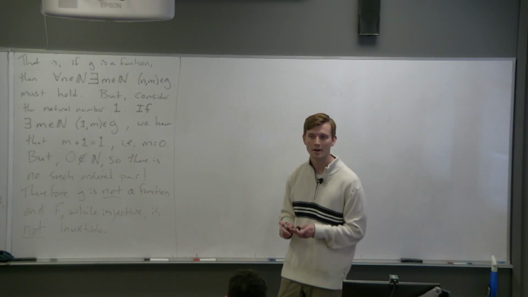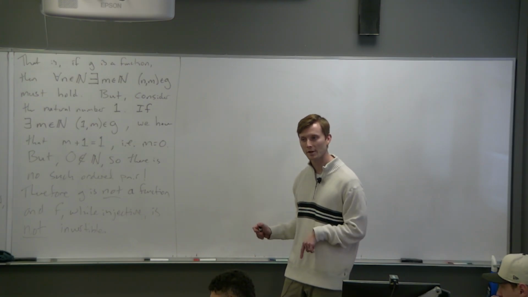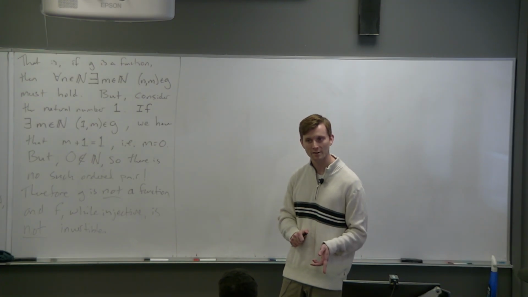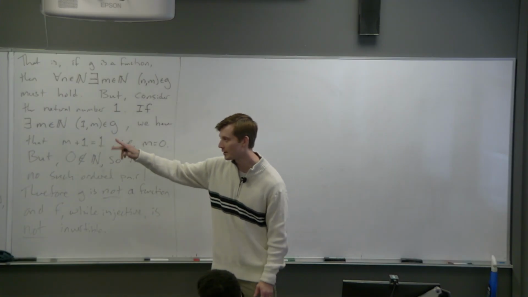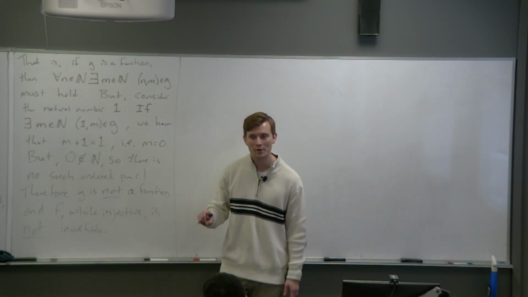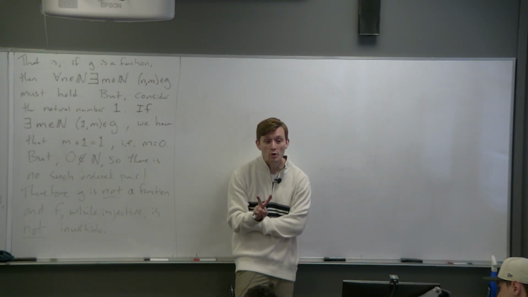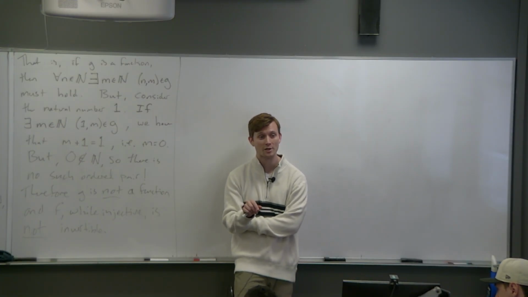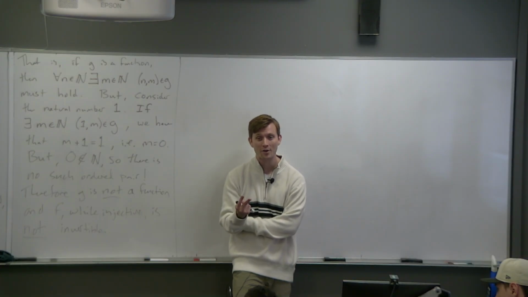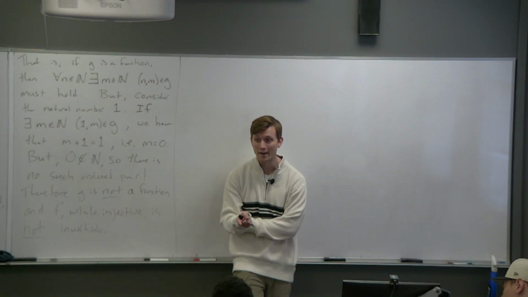So notice, invertibility requires injectivity via that first condition, when we wrote the definition up there, that nothing has two arrows pointing out of it. But that's not enough. There are two conditions to be a function. It's not enough just to have nothing with two arrows pointing out of it. Everything must have at least one arrow pointing out of it.